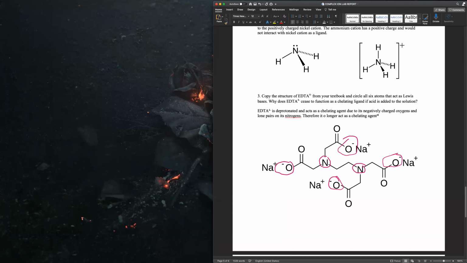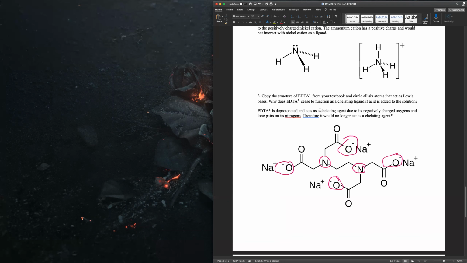So you kind of missed something that I sent here. In between where I say deprotonated, I wrote, however, if an acid is added. So after that first sentence, EDTA is deprotonated. Yeah, that first sentence is fine.